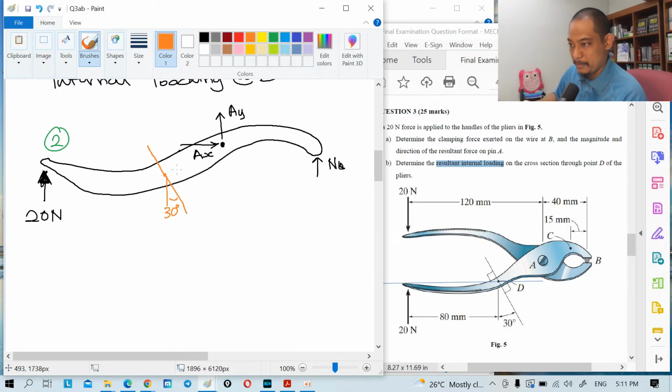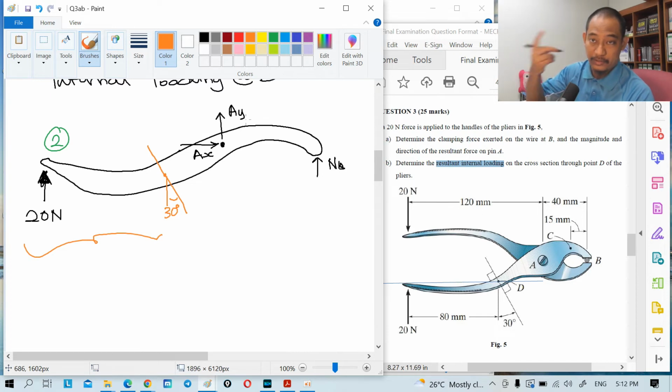You cut through that angle, so you either use the bottom half or upper half. But the easier one is this one, because there's not much force, and second, it is not affected by the values we have calculated; if we calculated wrong and use that value, it will be wrong as well. So might as well use the left side first, and if we have time, we will look back at whether the right side gives the same answer. It should be the same. That exercise is just for this exercise; in the exam, why would you waste that time?